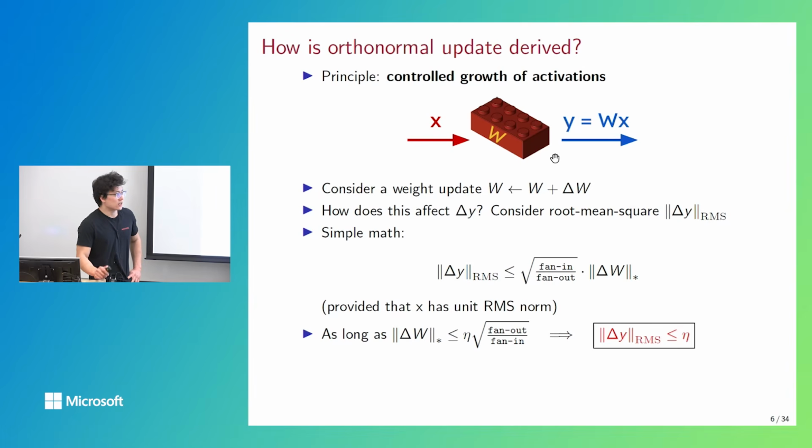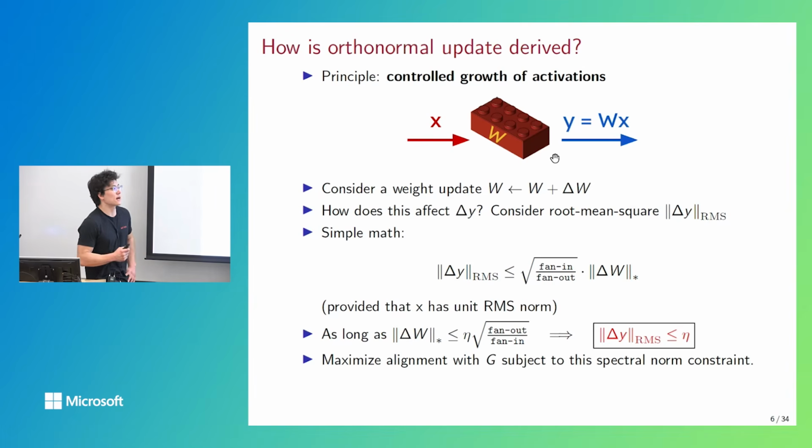So given this, now the question is, let's try to maximize the alignment between this update delta W and the gradient, because that's where the descent of the training loss happens, subject to this new spectral norm constraint.